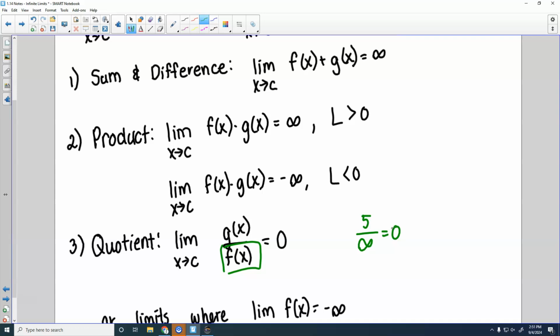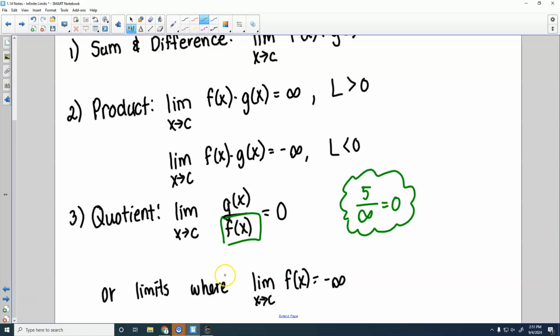So if you find yourself having a number over infinity, it is 0. It is not really correct to say that this would equal something, because dividing by infinity is not really possible. And then these also apply if f of x equals negative infinity, signs just switch on those properties.